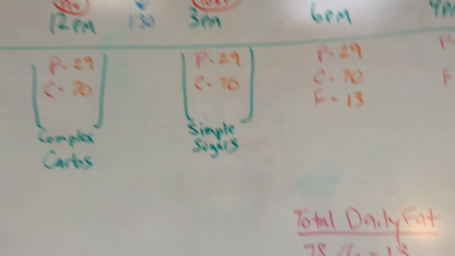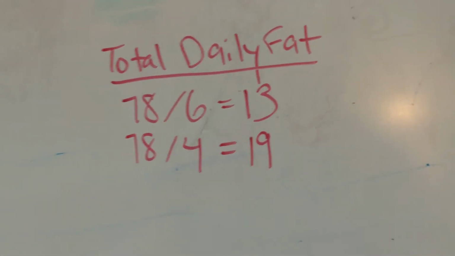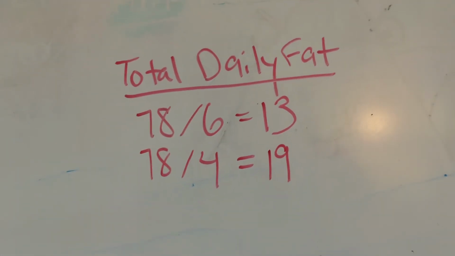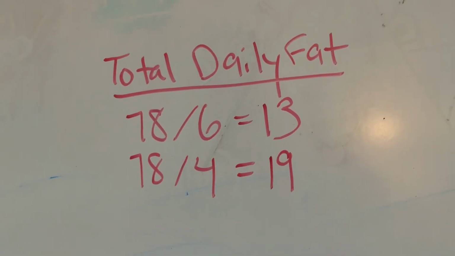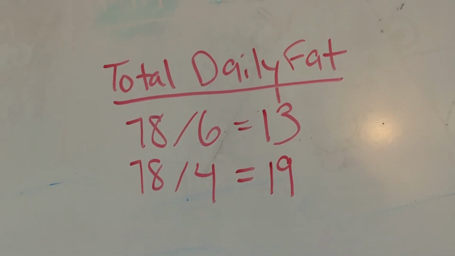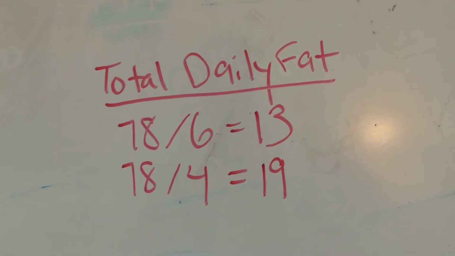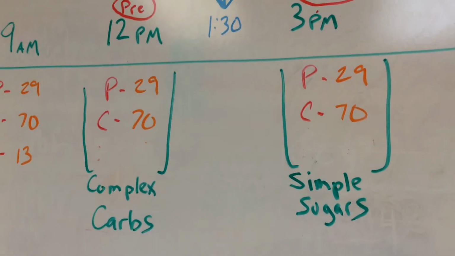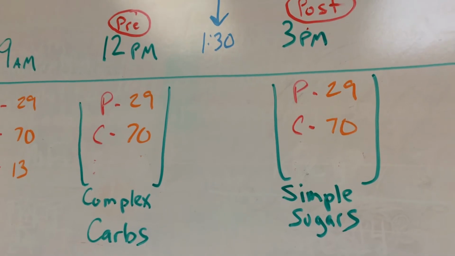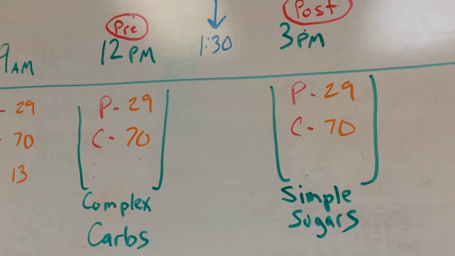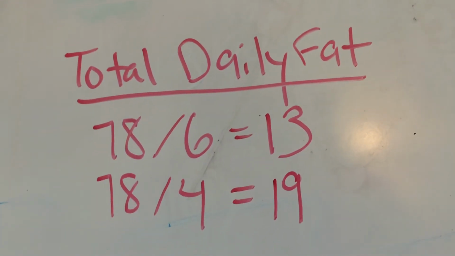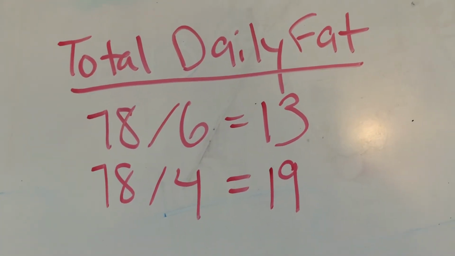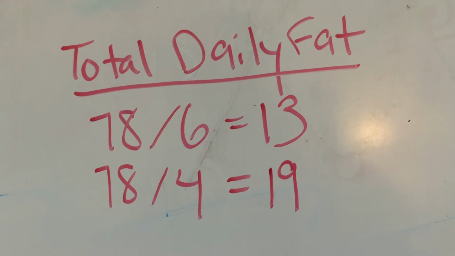If you remember yesterday, our daily fat intake was 78 grams, and we were eating it across all 6 meals, so we came up with 13 grams of fat per meal. Well, we just lost 2 of our meals because those are now considered pre and post workout meals. So we're going to add the fat back into our daily meals, but now we're only going to be eating fat for 4 meals.